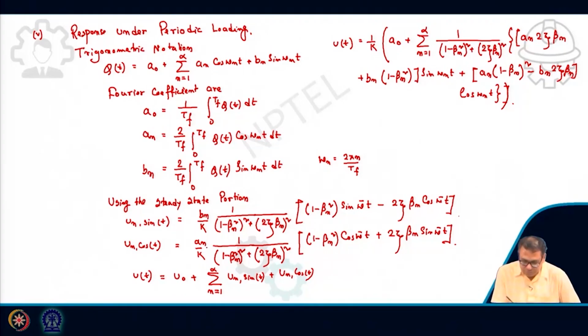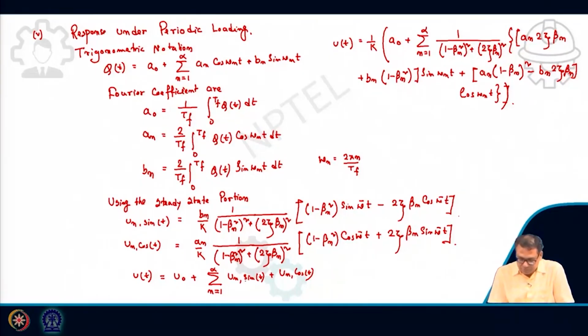So now you just put u0 plus the summation. You put un sin t and un cos t here, then you simplify that. You take this outside with the summation, add the two equations and simplify, and you will get this equation.